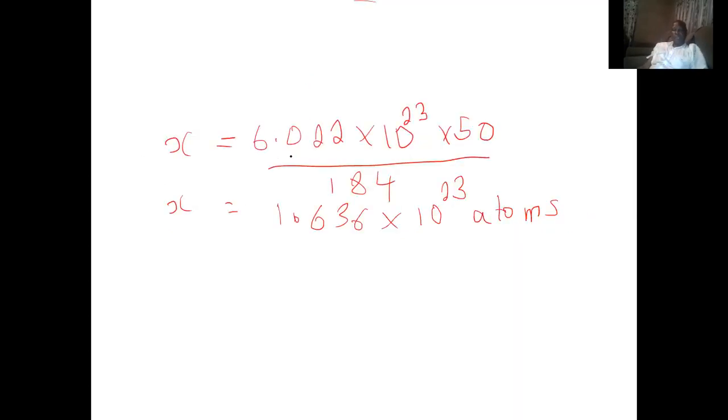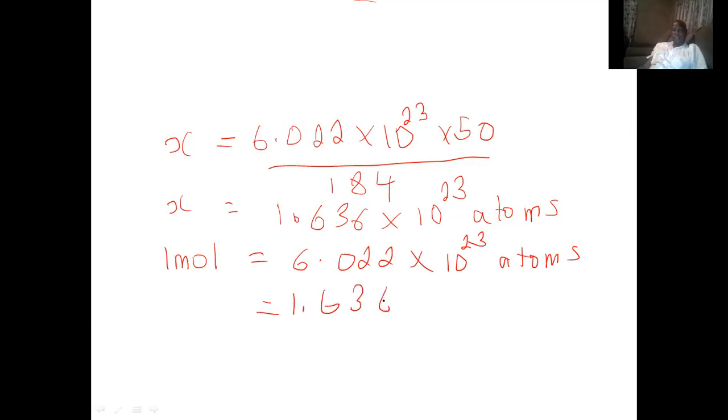Now that we have found the number of atoms, we can say 1 mole is equal to 6.022 times 10 to the power 23 atoms. What about if you have 1.636 times 10 to the power 23 atoms? What is it going to give us?